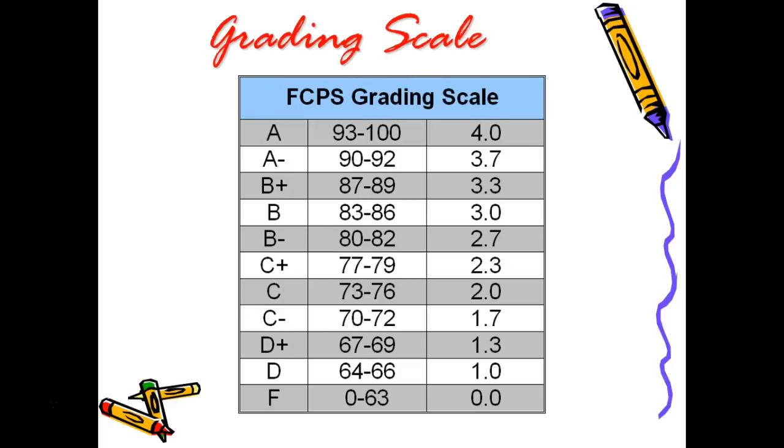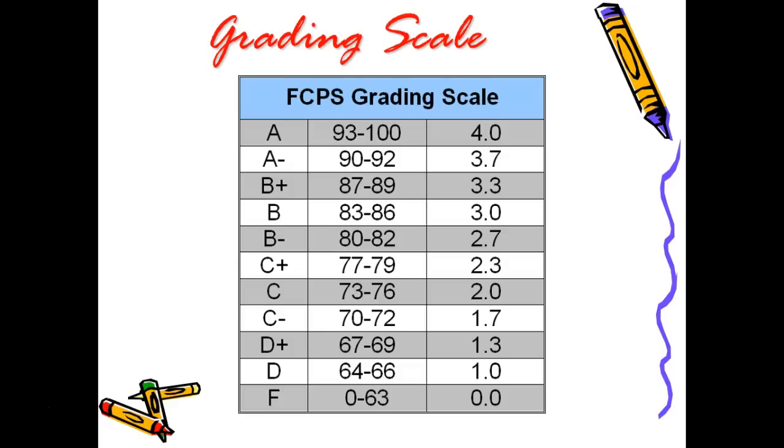A C, think of that in terms of being proficient. They have a good understanding of the material. There are some weaknesses there. They don't always demonstrate a higher level understanding. It's not that it's bad, all right? It's just proficient with the material.